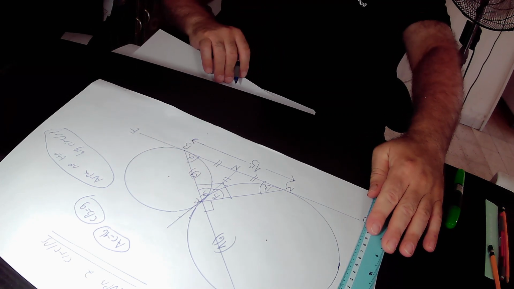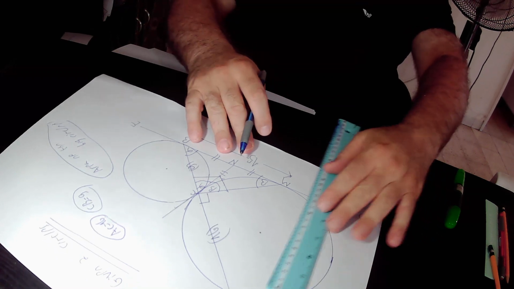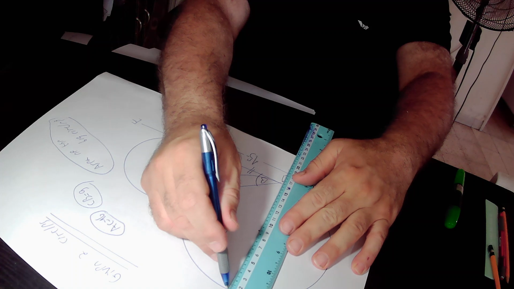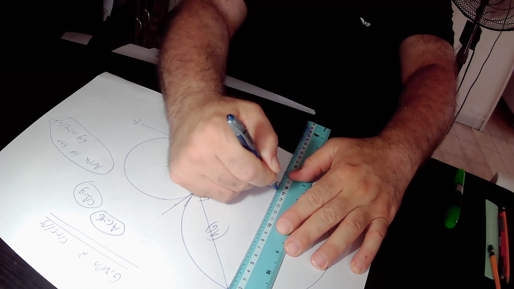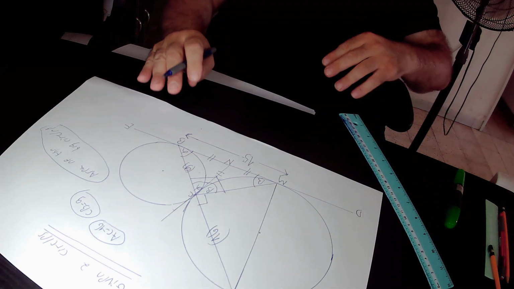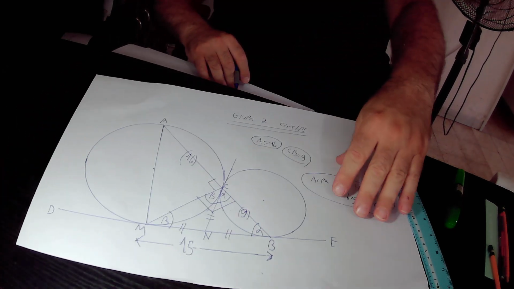In the next step, we will join points A and M together by a straight line. And we'll focus on the big circle.